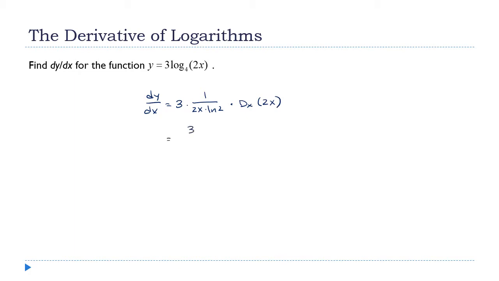So I get 3 over 2x log of 2 times the derivative of 2x. That's 2, and now I get some canceling. These 2's cancel, and all that's left is 3 over x times the log of 2. That's it, there's my derivative.